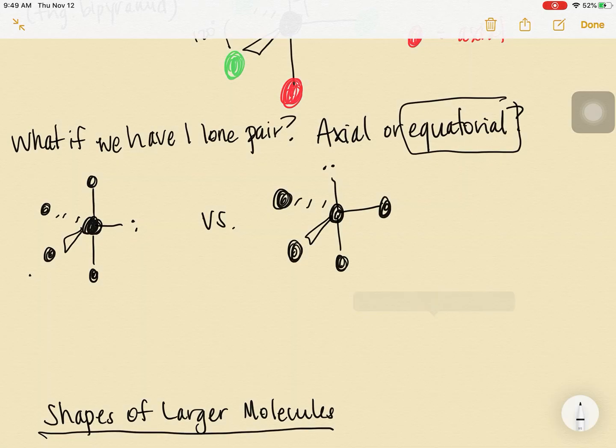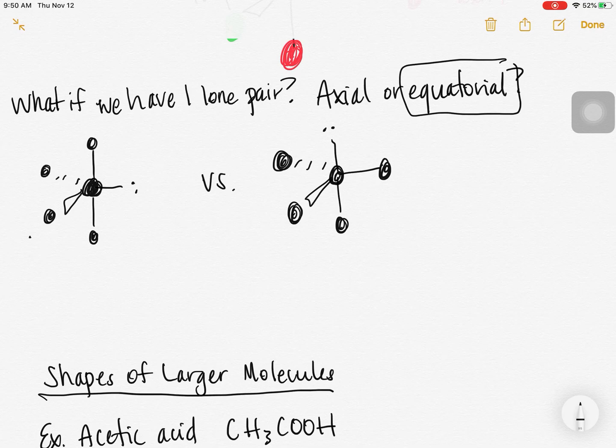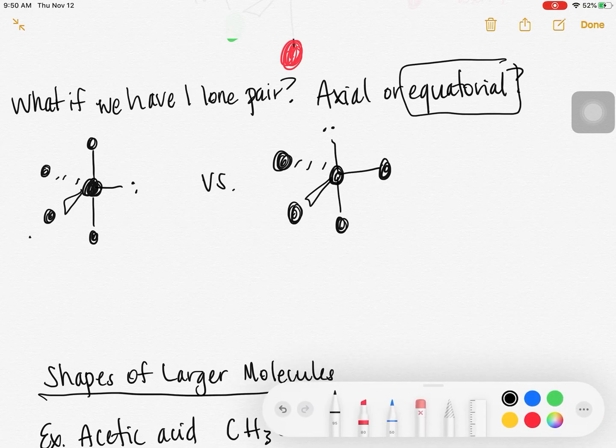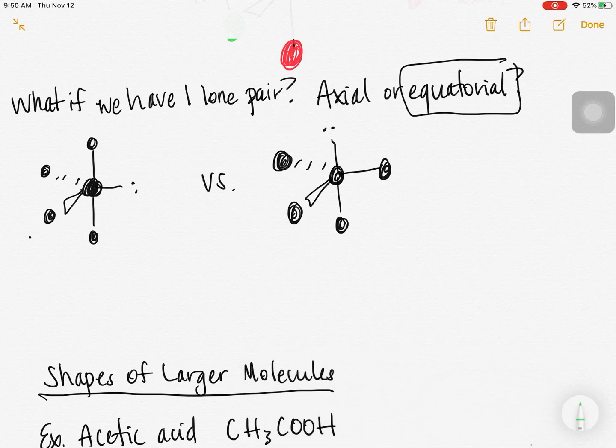This is hard to do without the model, so just bear with me. In the equatorial position, this lone pair is 90 degrees away from this atom and from this atom, and it would be 120 away from this one and this one.